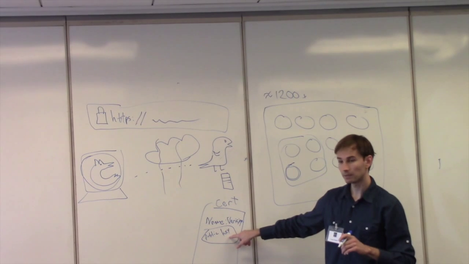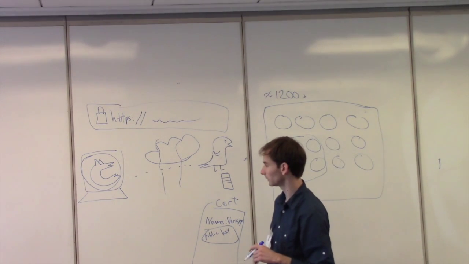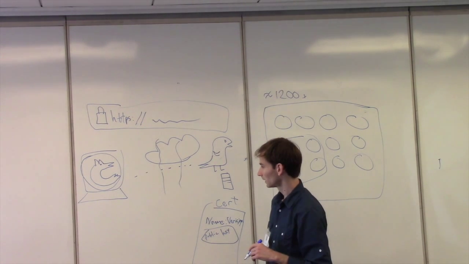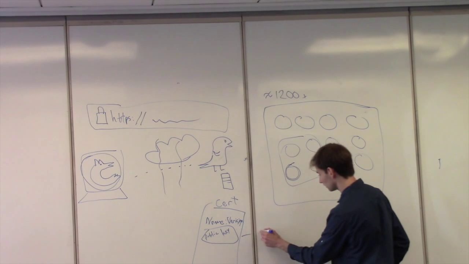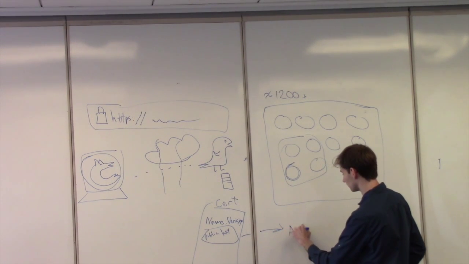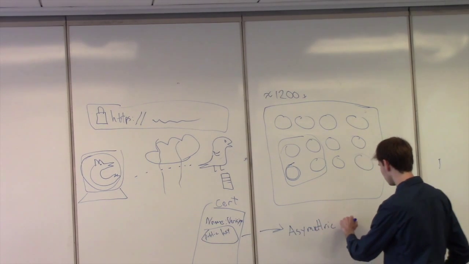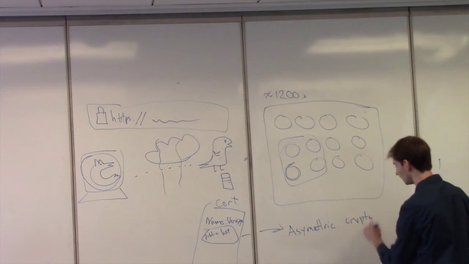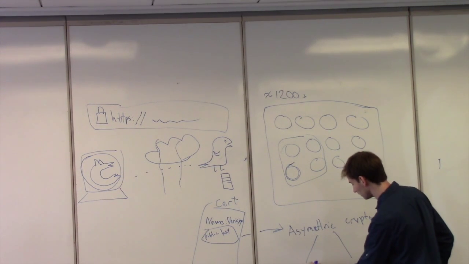Public-private keys come from the branch called asymmetric cryptography, which basically means that there is a public and a private key.